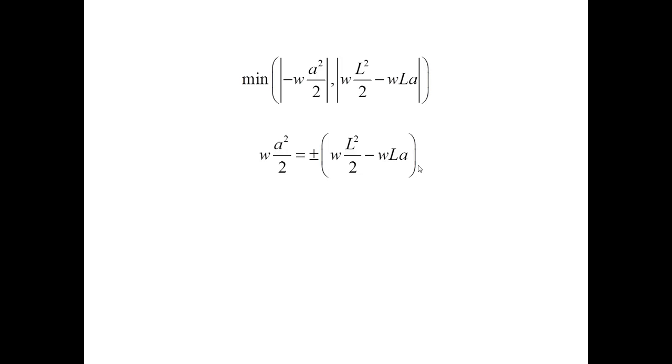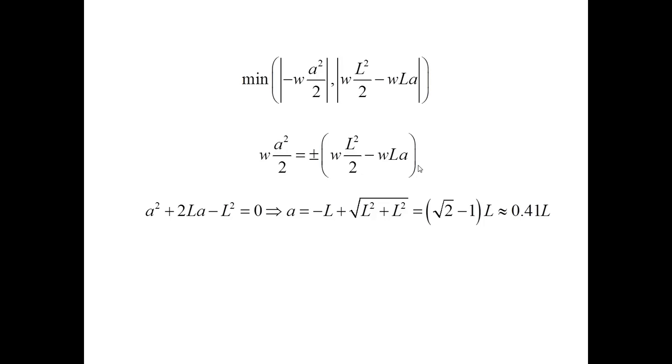So there are two possibilities. The first involves the plus sign, and the corresponding equation is given here, and we can solve for A. A is equal to the square root of 2 minus 1 times L, or approximately 0.41L.